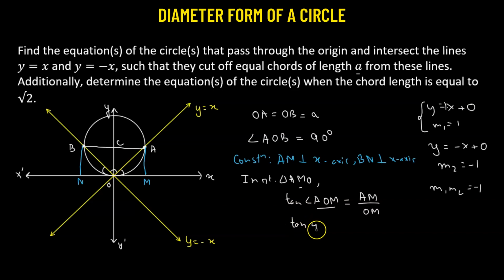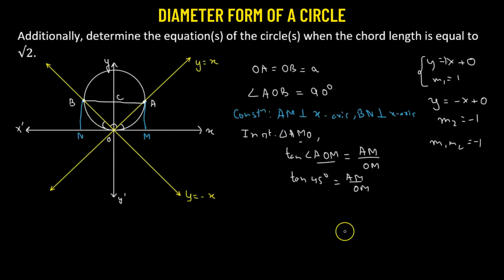So we have tangent of 45 degrees equals AM over OM. And we know that the value of tangent of 45 degrees is 1. So that means we have AM equals OM. So this length will be exactly equal to this particular length. Fine. So now we have the length OA. OA is given as a unit, using Pythagoras theorem.